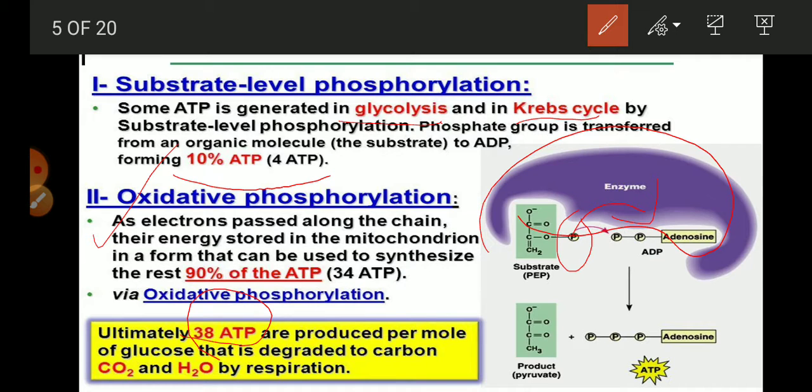This one phosphate comes from the substrate, for example PEP, from glycolysis, in step number 10 of glycolysis. Then we get pyruvate as the product of glycolysis, and we have ATP.